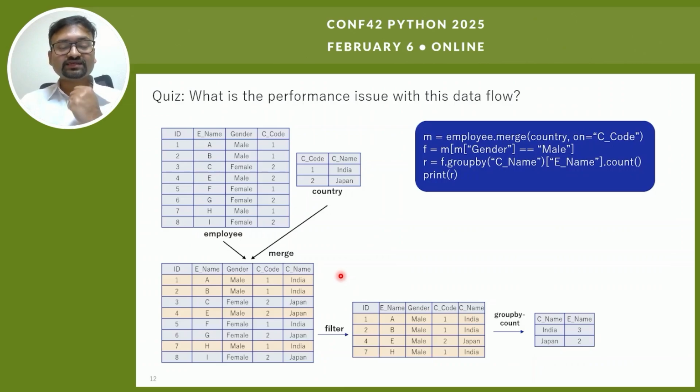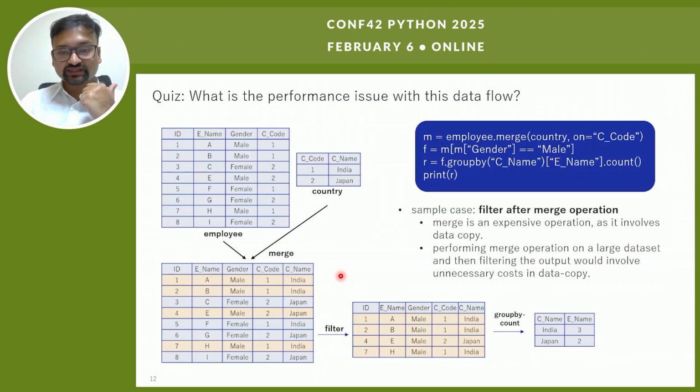So by looking at this illustration, can you identify what the performance bottleneck is? Yes. The issue is the expensive merge operation. Although we are only interested in the male category employees, we performed the merging on the entire employee table.